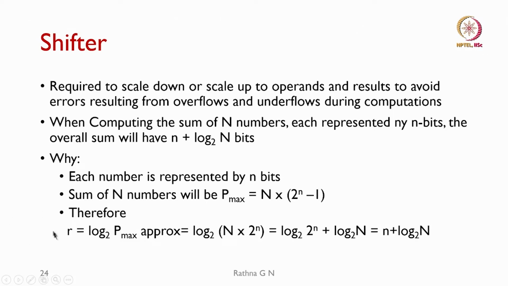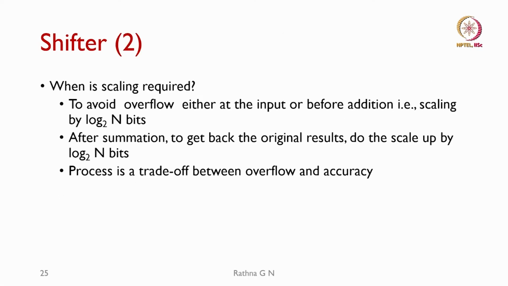Therefore, the number of bits required for my sum, we will put as log 2 P max, approximated as log 2 N into 2 power n, which is nothing but log 2 2 power n plus log 2 N. We know that log 2 2 power n is nothing but n, so the representation is n plus log 2 N, which is what we are going to have.